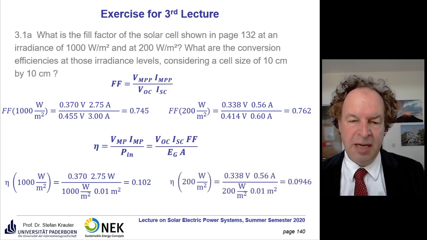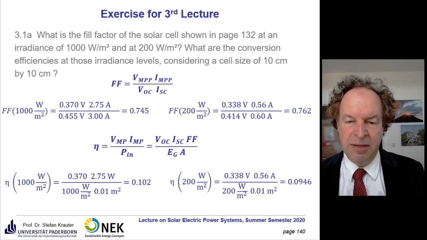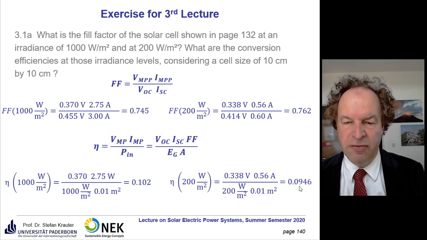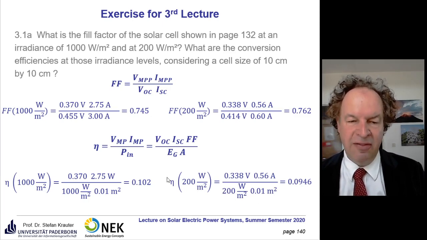For 200 watt per square meter, we put the adequate numbers in, same as above. The irradiance level is 5 times lower, the area stays the same, and then we have a conversion efficiency of only 9.46%. So we see, due to this weak light effect, the conversion efficiency is going down.